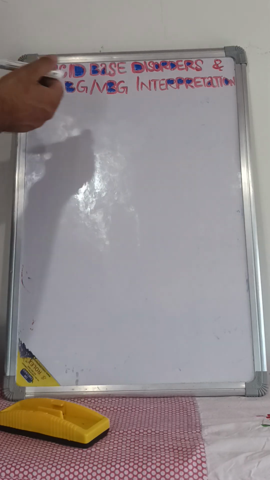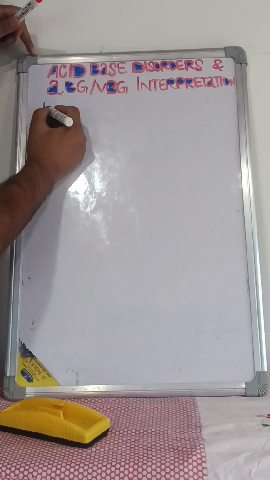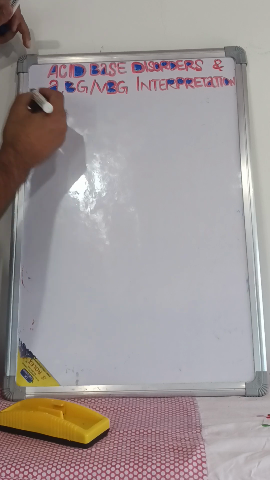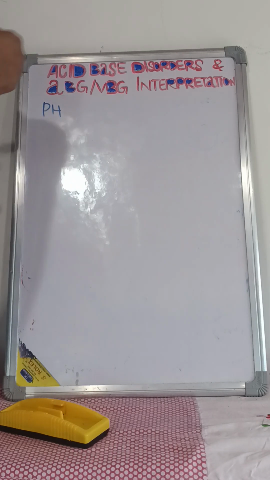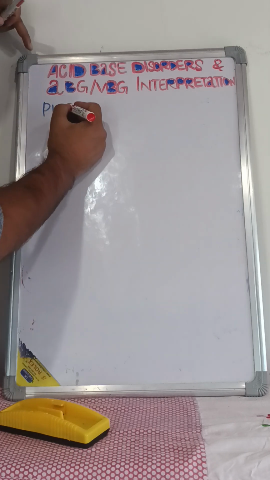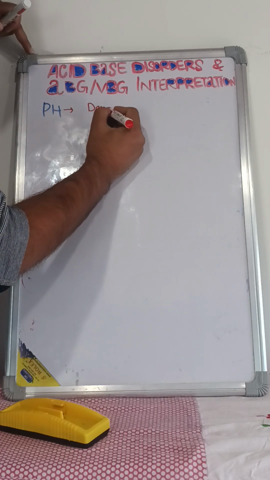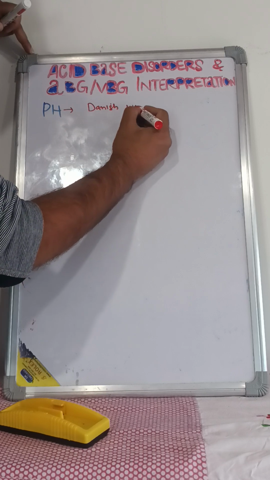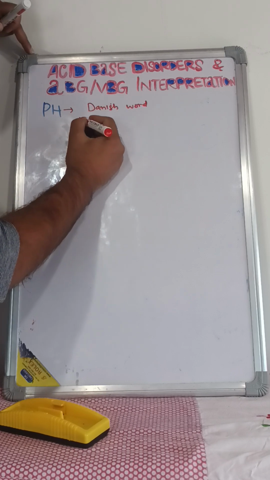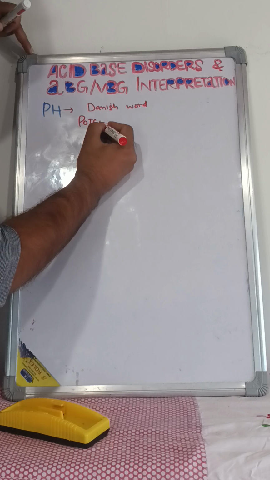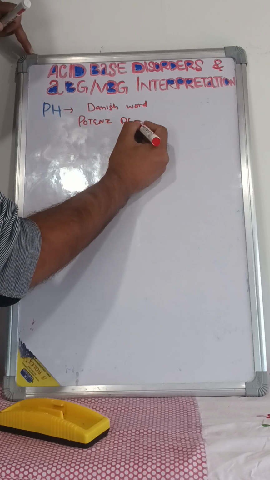And our first basic concept is pH. What is pH? Simply saying, this pH has been derived from the Danish word potens dehydrogen.